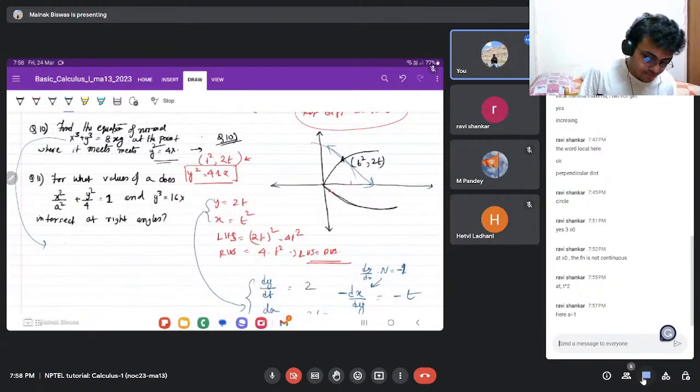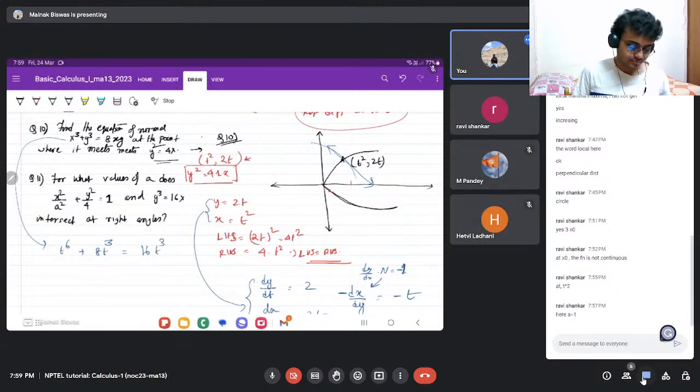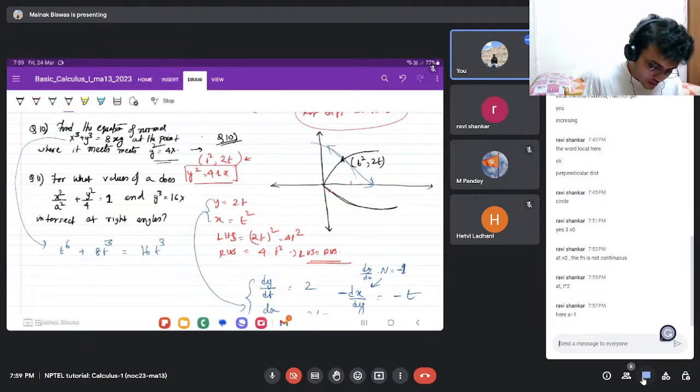So x is t square. So t to the power 6 plus 8t square is equal to 16 t cube, right? Is it right? I just put x is equal to t square, so t square into 2t is 2t cube. So the right hand side is correct.